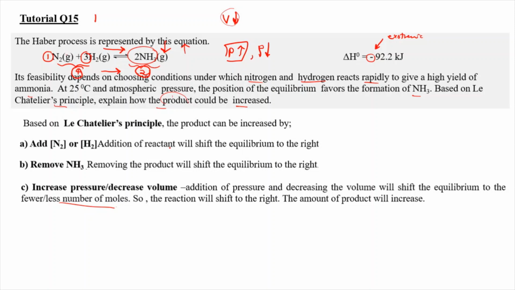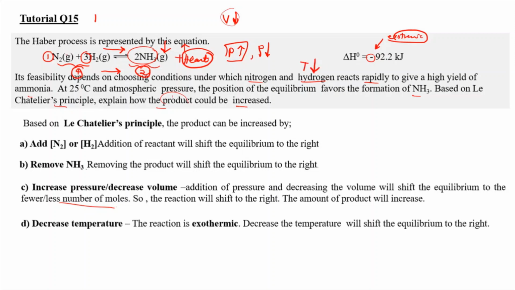And the next thing that you can do is adjust the temperature, because you know that this reaction is exothermic. An exothermic reaction releases heat to the surroundings. Okay, it releases heat. So what we can do is reduce the temperature.